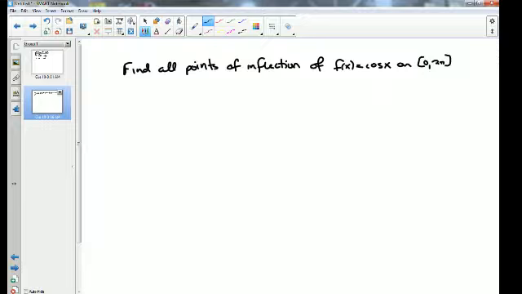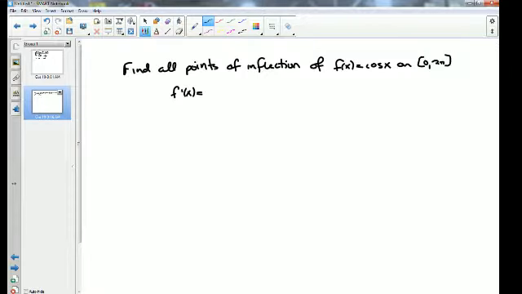All right. Points of inflection of cosine x on 0 to pi. All right. So we have to go second derivative equals 0, solve, right? What's the derivative of cosine? Is it negative sine?